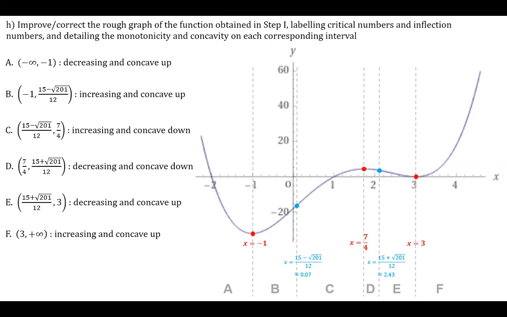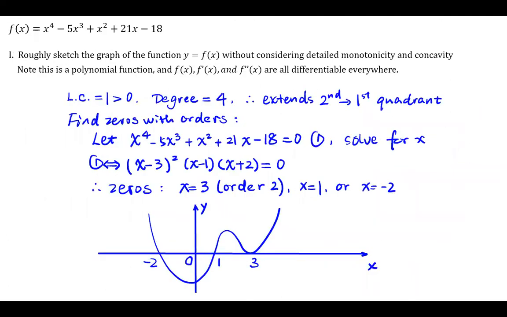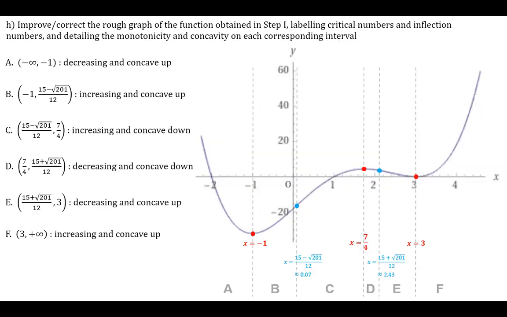First of all, based on the rough curve we have here, label these points. The 3 critical points are highlighted in red, which are x equals -1, x equals 7/4, and x equals 3. These are the 3 critical numbers, where the first derivative is 0.